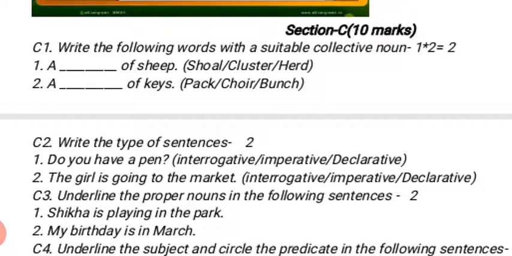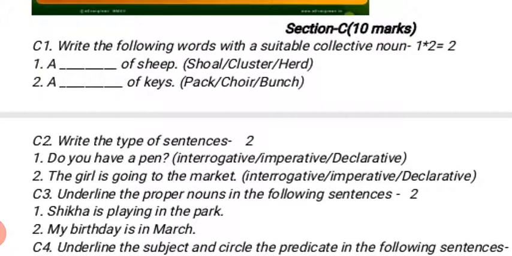A blank of sheep, a blank of keys. A herd of sheep, a bunch of keys, okay. The collective nouns here are keys and sheep, so a herd of sheep and a bunch of keys.